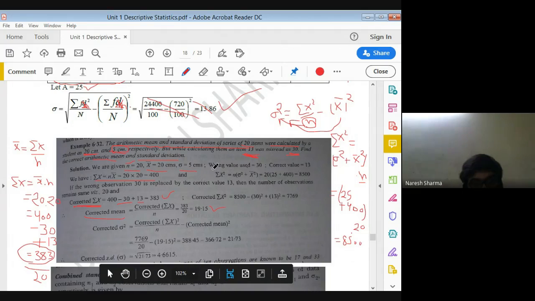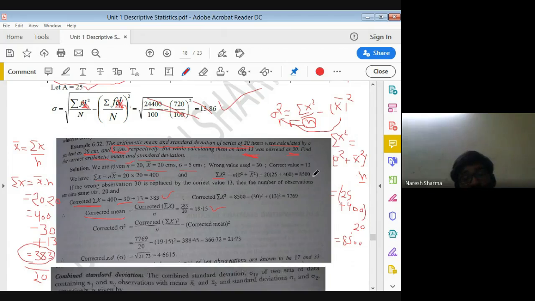This is summation x square, right? But this summation x square has some error, because we added 30 instead of 13.